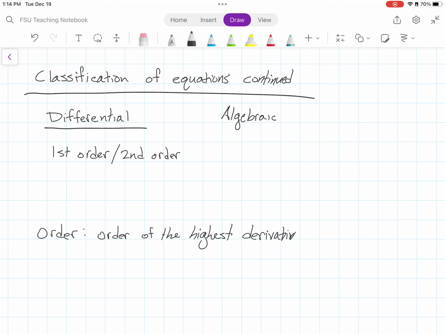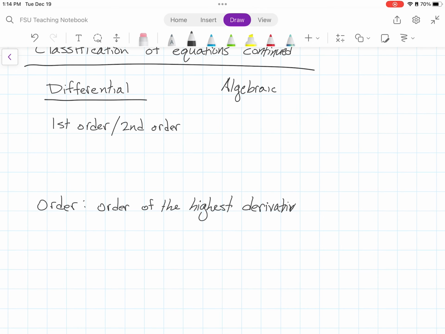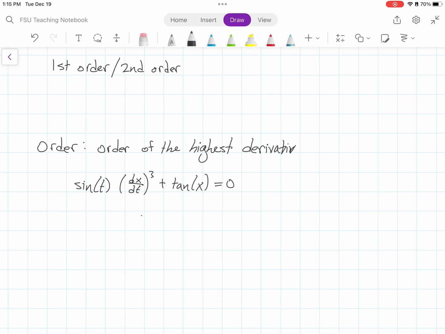So for example, if we have sine of t multiplied by dx/dt cubed plus tangent of x, and that equals 0. The highest order derivative here is this first order derivative. And we also have just an x. I should say, the highest order of the derivatives of the dependent variables.